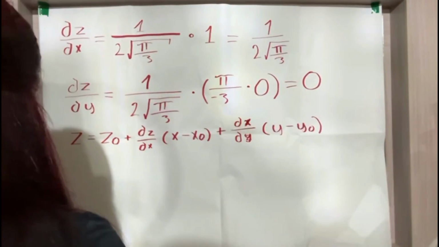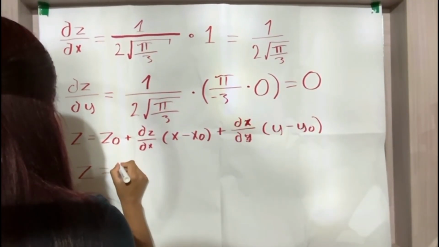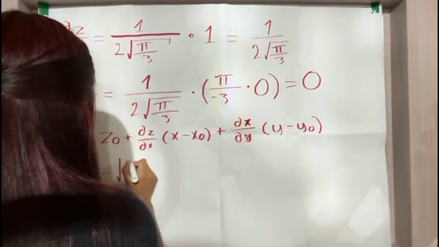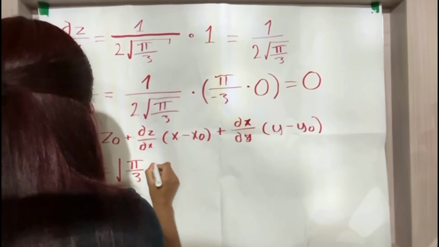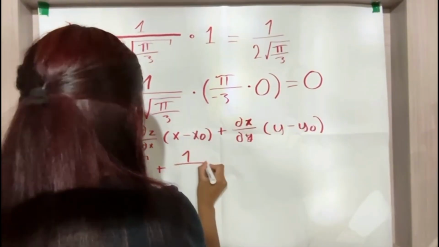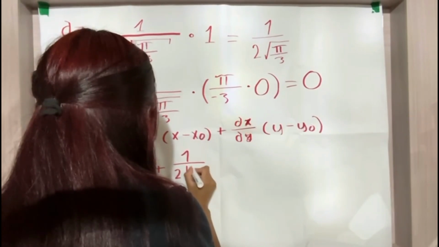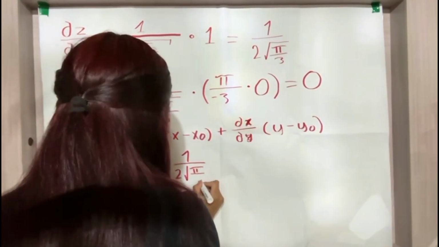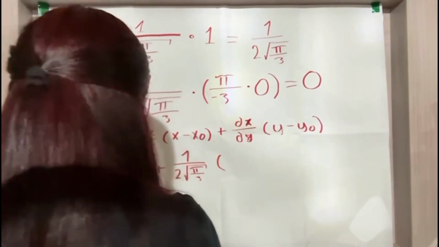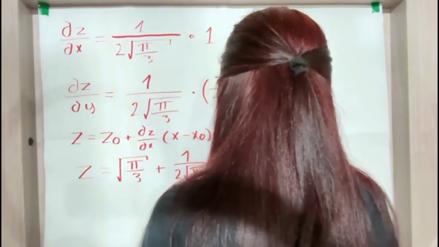Substitute every value. c equals the square root of pi over 3 plus 1 over 2 times the square root of pi over 3 times the quantity x minus pi over 3.